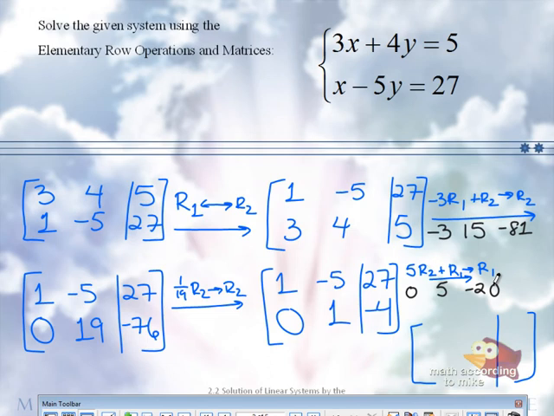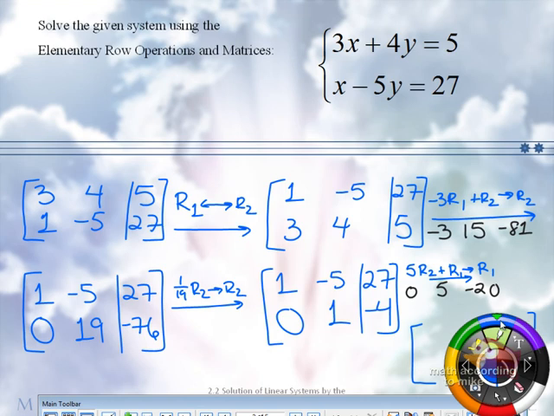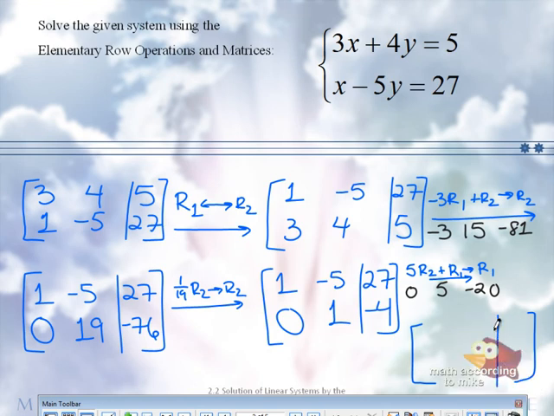So 1 plus 0. Well, good. 5 and negative 5. 27 and negative 20. You guys learn so quick. 7. And does row 2 change? Nope.